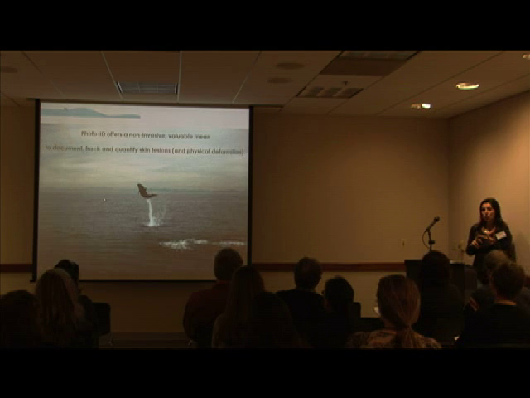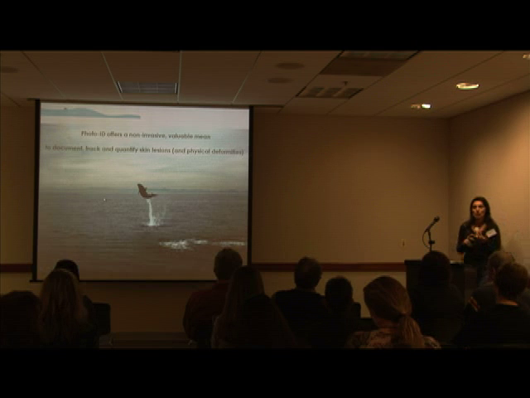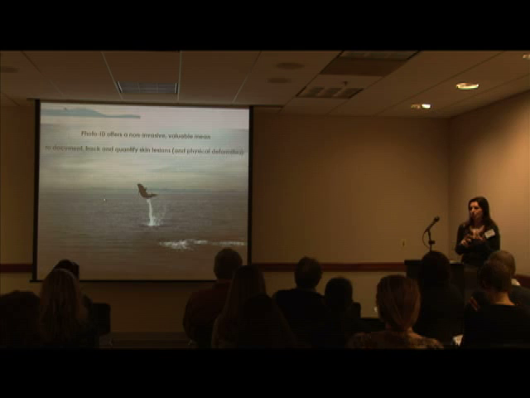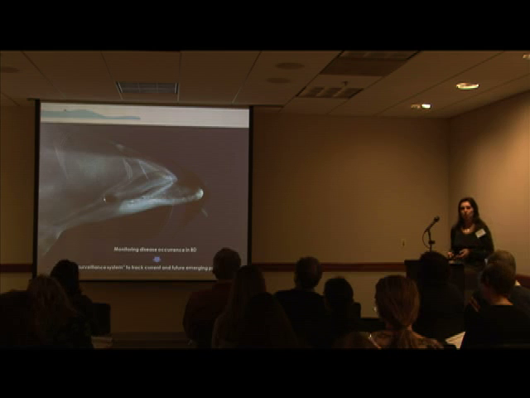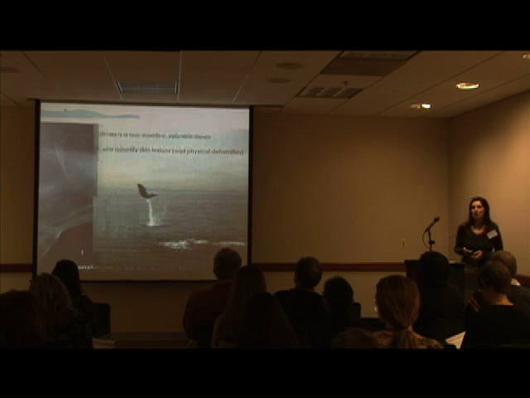One, that you don't have an accurate estimate, but you have a minimum estimate of the skin diseases, because you can't observe the entire body of the animal. And the second thing is, again, that we need more collaboration and standardized protocol to better understand the skin lesion in the future that can have an impact on the entire population of this animal and implication for human health as well. Thank you.